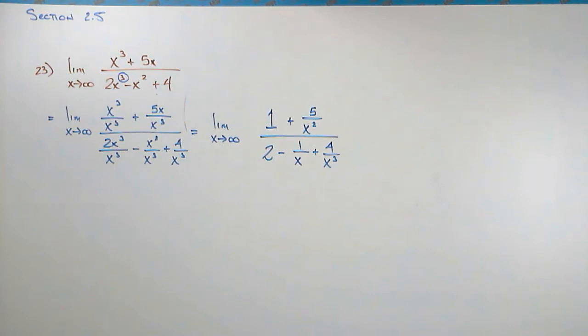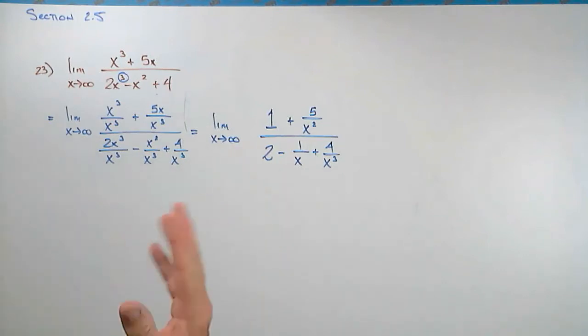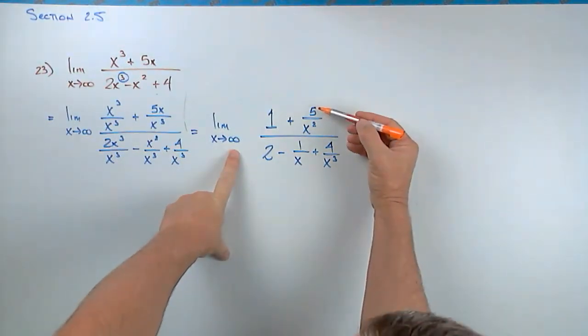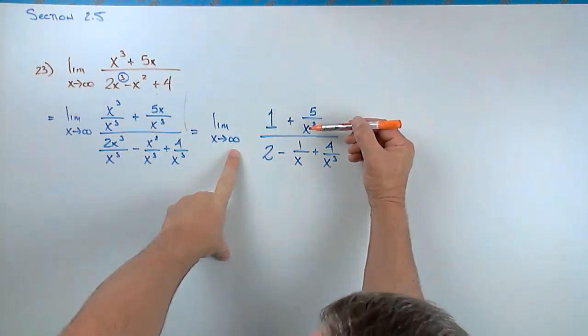And now we ask ourselves, what's happening as x grows without bound? And this is that idea that we investigated in problem 11. That's why we had problem 11, so we could get to a problem like this and work it out using mental math instead of just calculating in our calculator. As x gets really, really big, 5 stays 5. But when x gets really, really big, this denominator grows without bound.